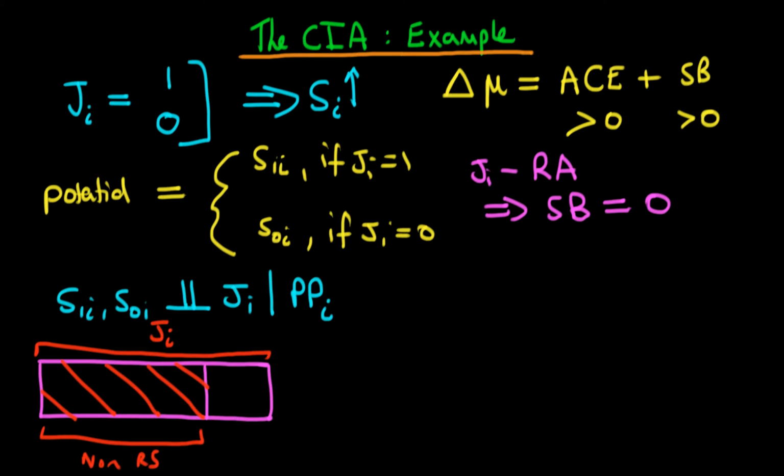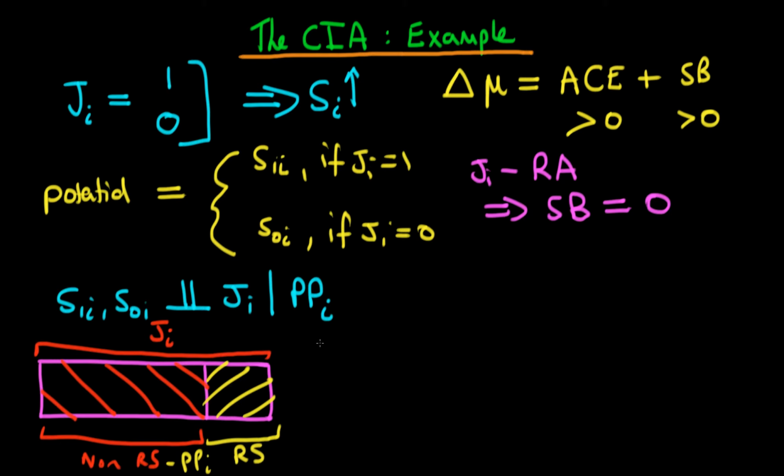But perhaps there is a part of JI which is random, the residual part of the variance of JI, the randomly selected part. Perhaps once we remove the non-randomly selected part of JI, which is due to past performance, what we'll be left with is a purely randomly selected part of JI, and that will allow us to evaluate some sort of average causal effect.